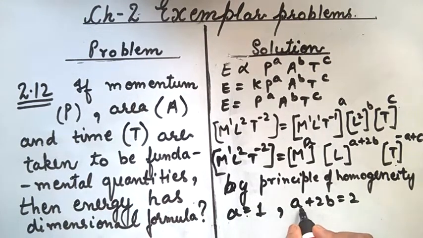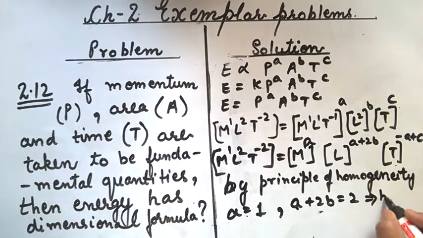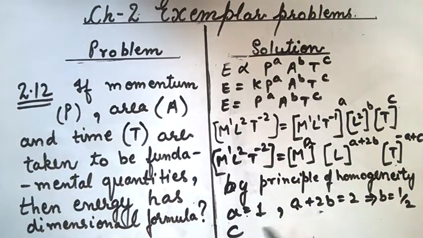Now substitute the value of A, that is 1. So 1 plus 2B equals 2, 2B is equal to 1, B is equal to half. And minus A plus C equals minus 2.